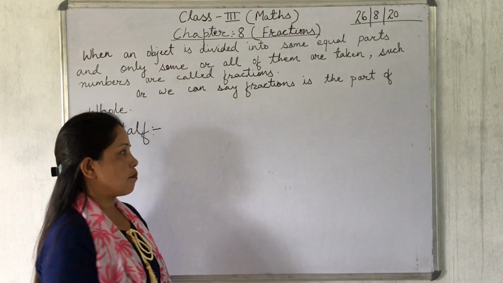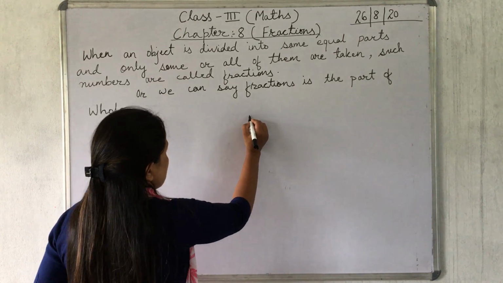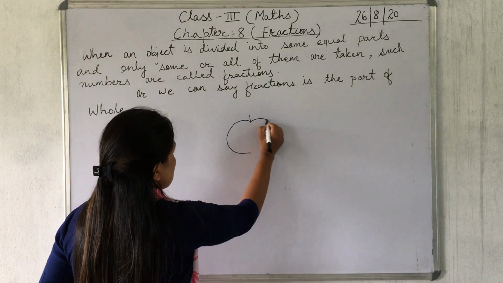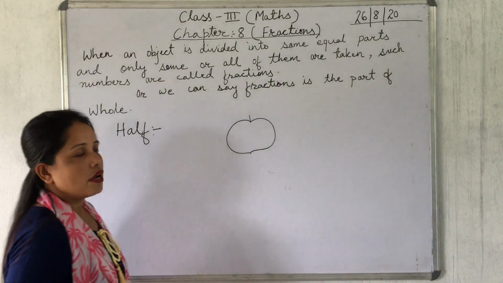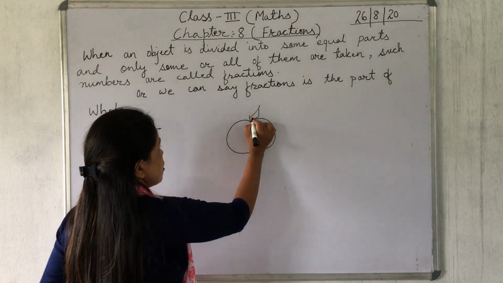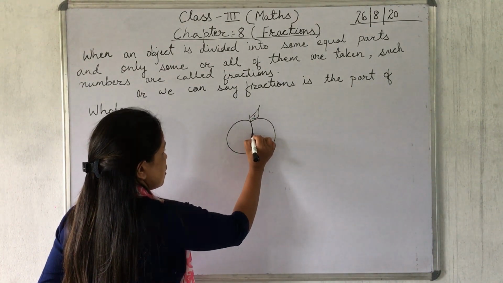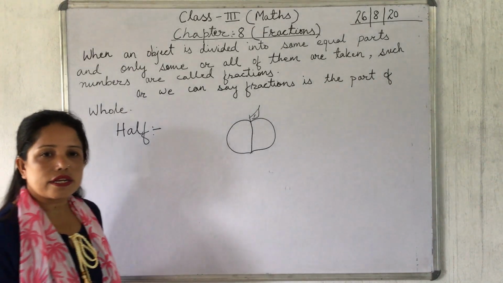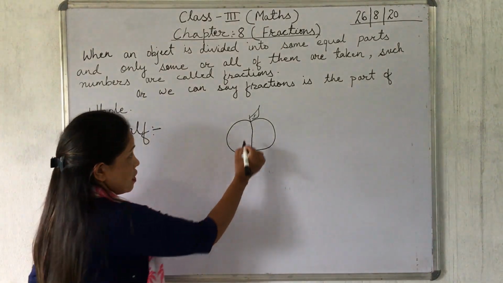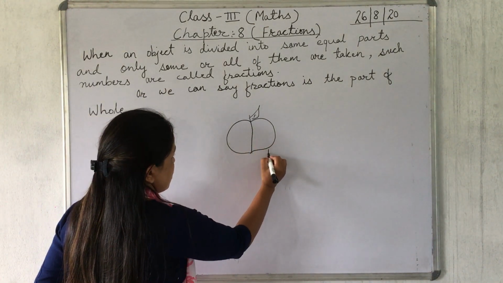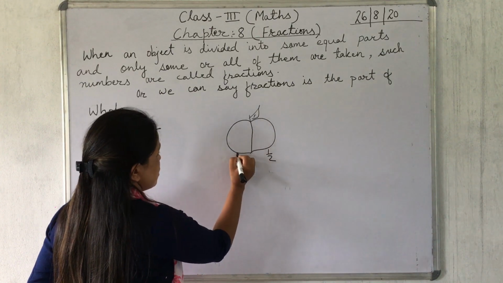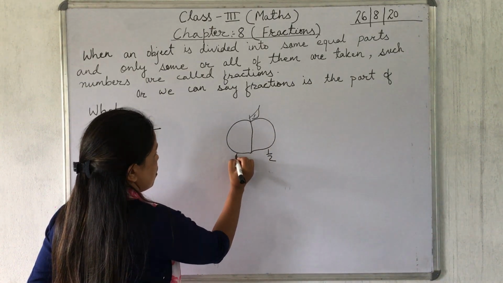Understood? For example, if you take one apple and we cut this apple in the middle, this one part is called half and this other part is called half.